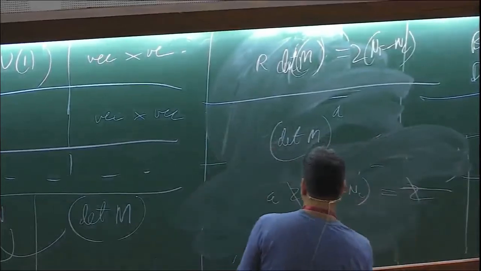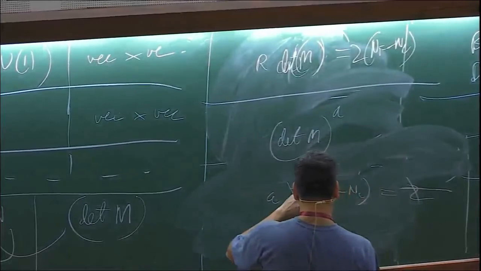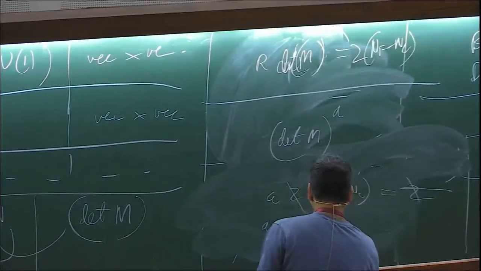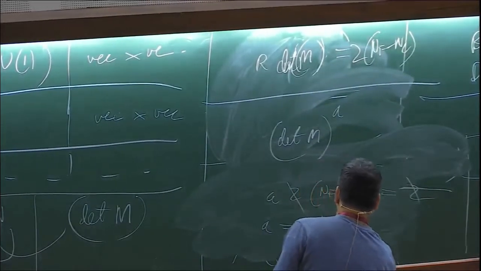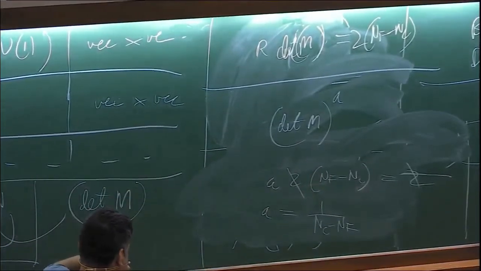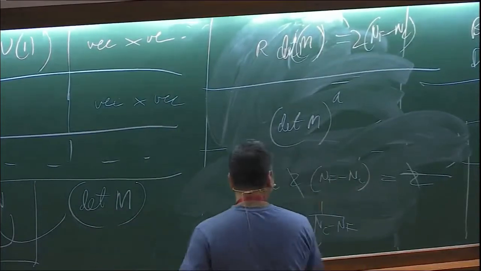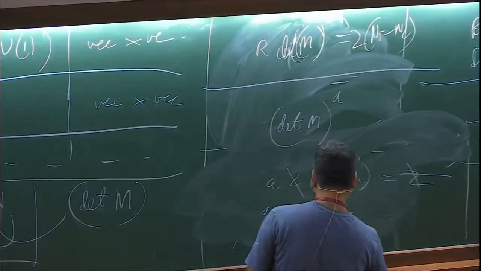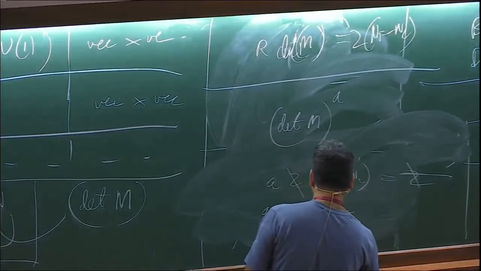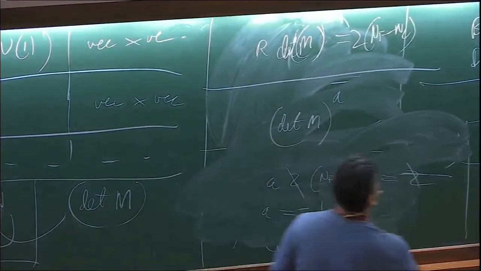The 2 cancels, so A is 1 over (NF minus NC), or I'll write it as minus 1 over (NC minus NF), which is the form I want.